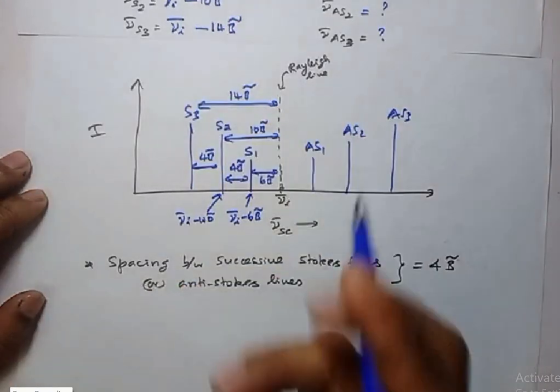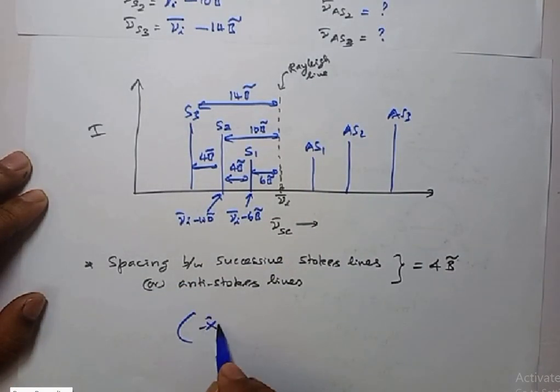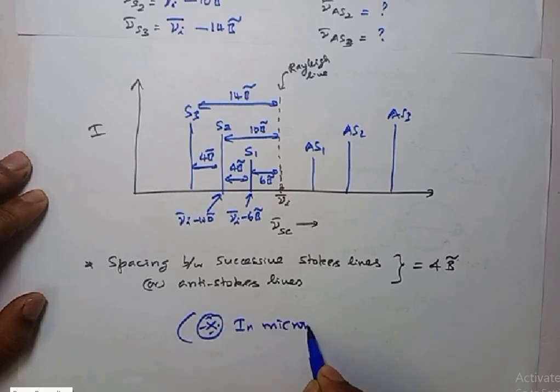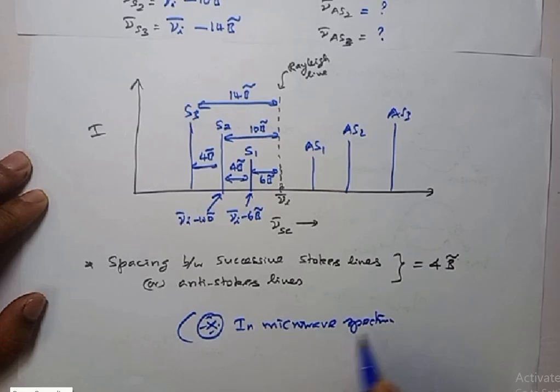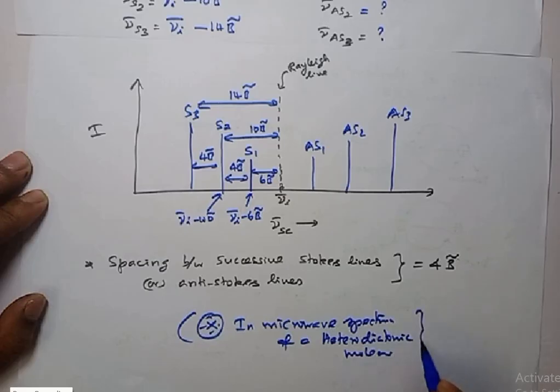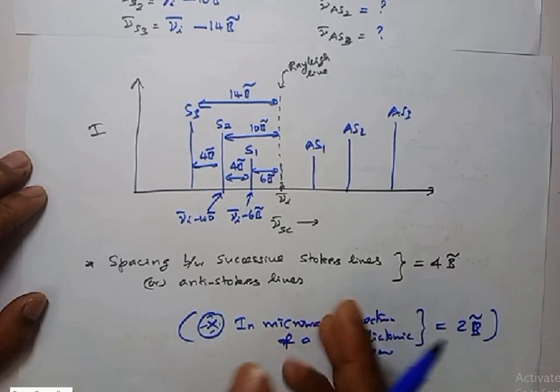Remember, in the microwave spectrum of a heterodiatomic molecule, the gap we observed is 2B. The gap between adjacent lines is 2B there.